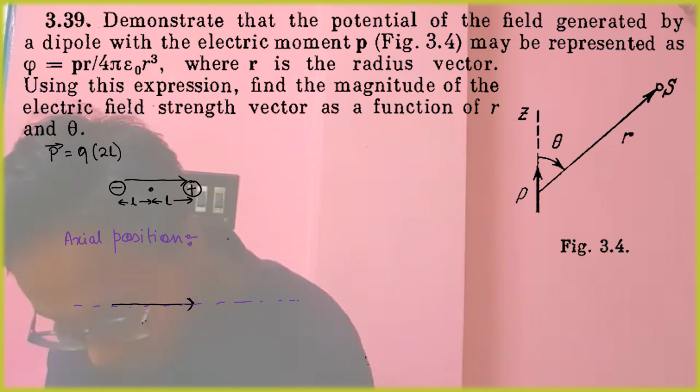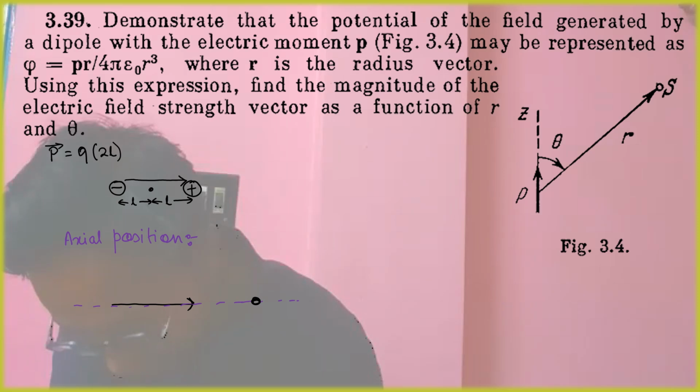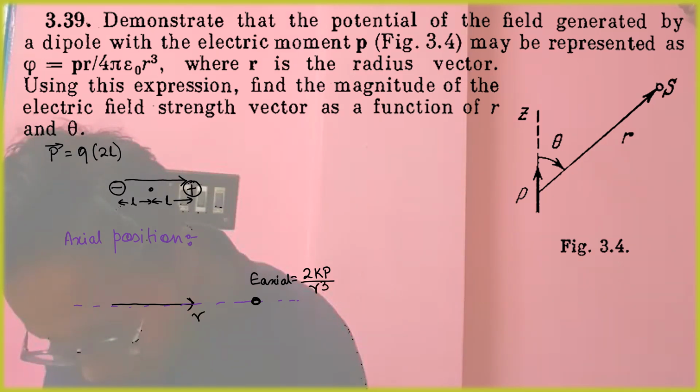Suppose I want to find the electric field at this point along the axis. The electric field along the axis would be E axial equals 2kp by r cubed, where r is the distance of the dipole from the point.